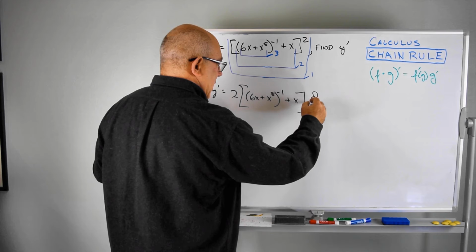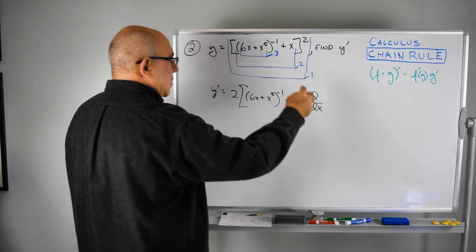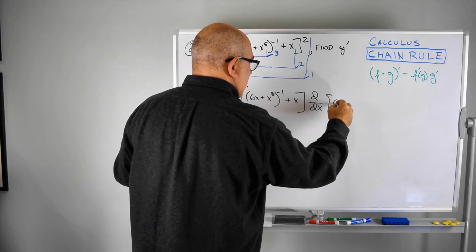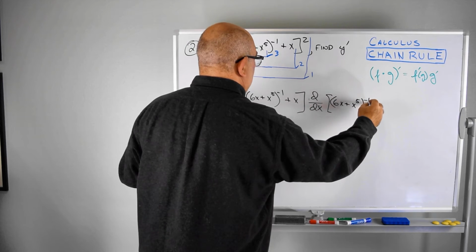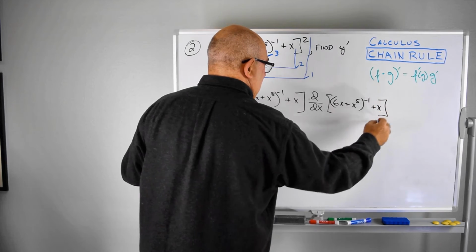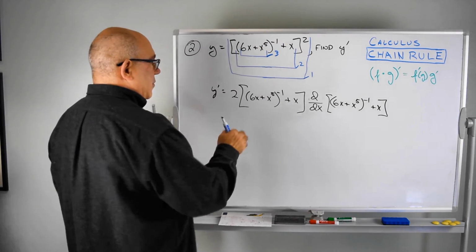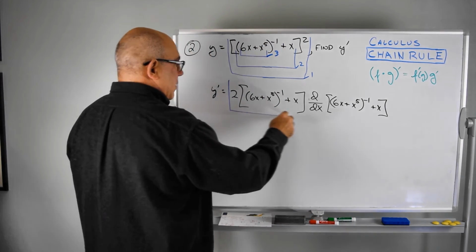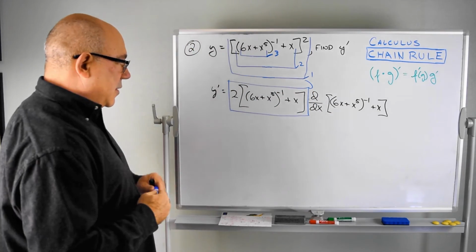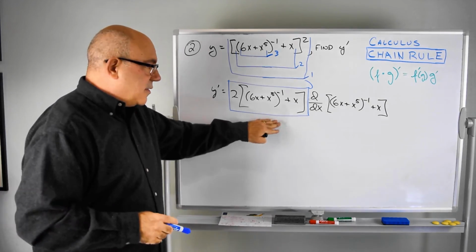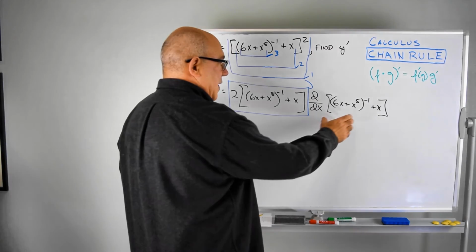Then we have to take the derivative with respect to x of the second piece, which is this function now, 6x plus x to the 5th to the minus 1 plus x. Now, what we did before is, so we don't have to rewrite this all the time, we'll take this, put a box around it, and that is 1. So at the end, we'll just multiply all the boxes in blue together to get the final answer.